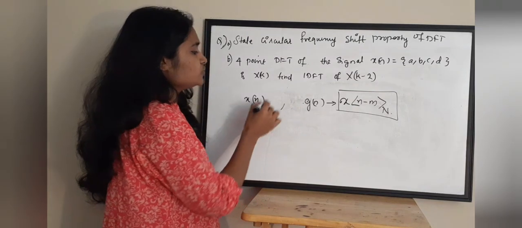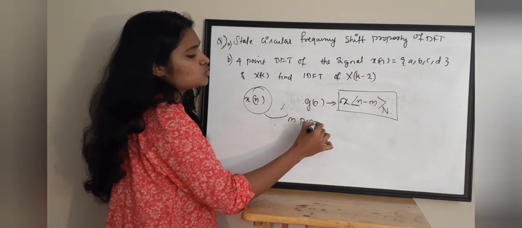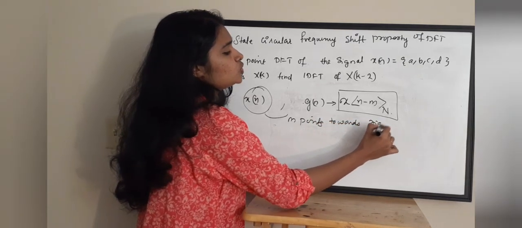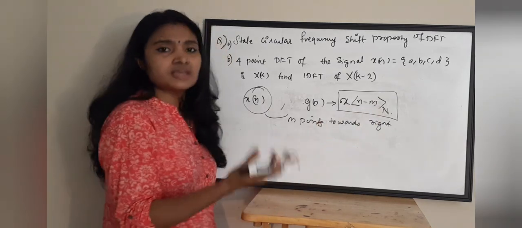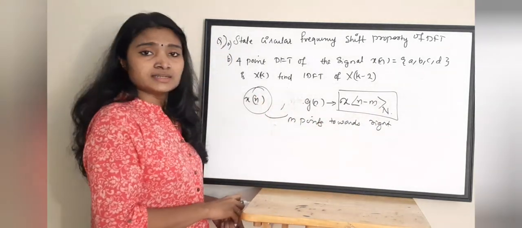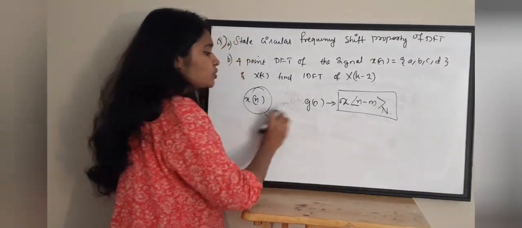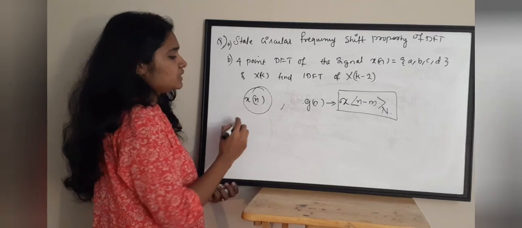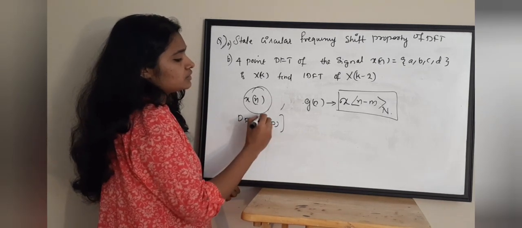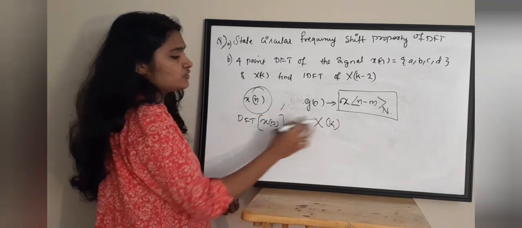That is, if you shift your original signal x of n by m points towards the right, you will get your x of n minus m. So g of n is actually the shifted version of your signal x of n. Okay, so I hope this much is clear. Now, what is the property stating? Let the DFT of x of n be x of k.